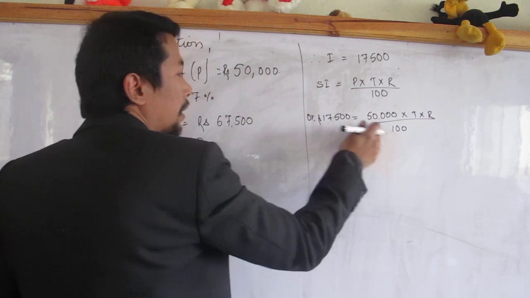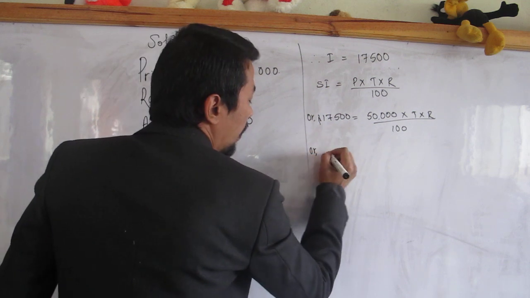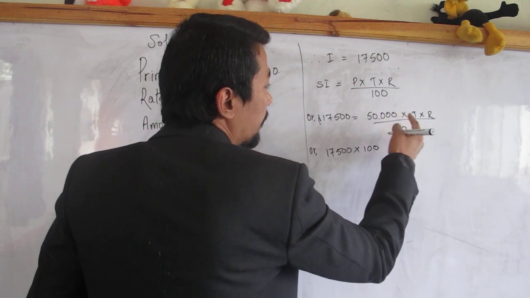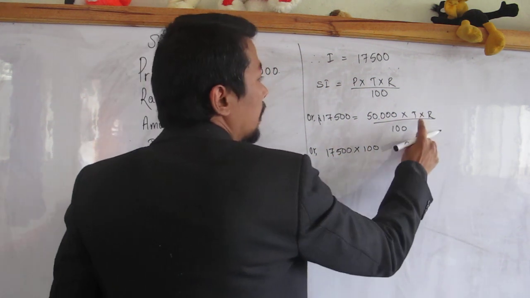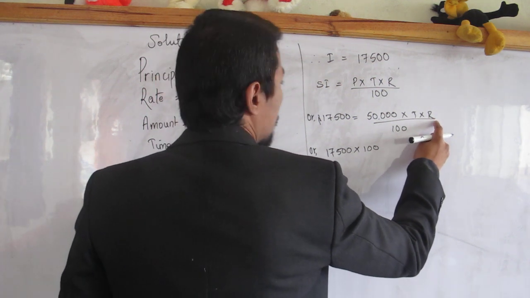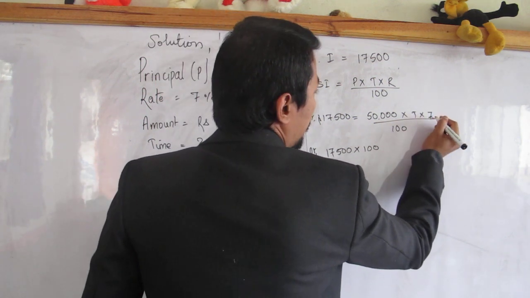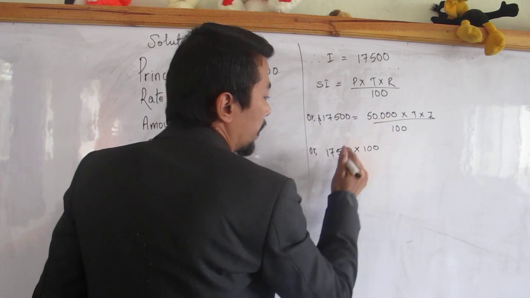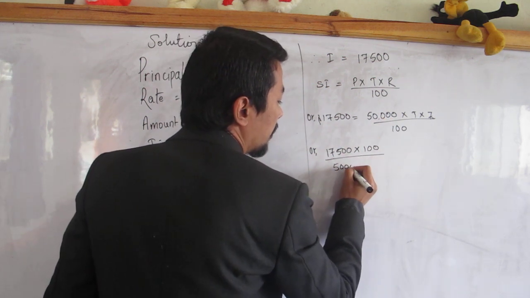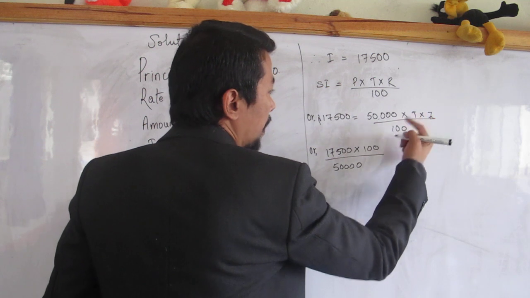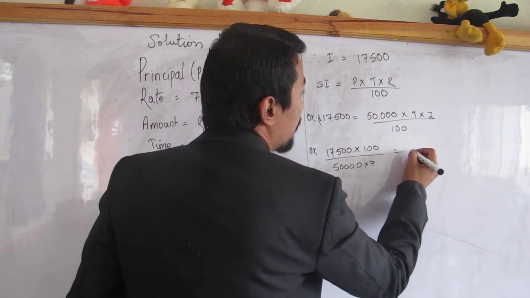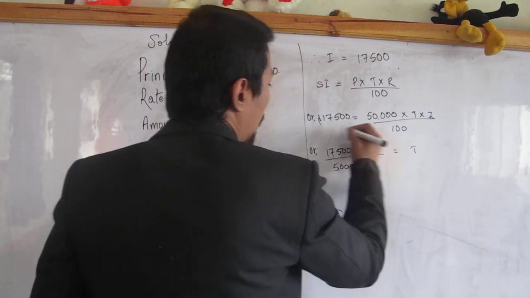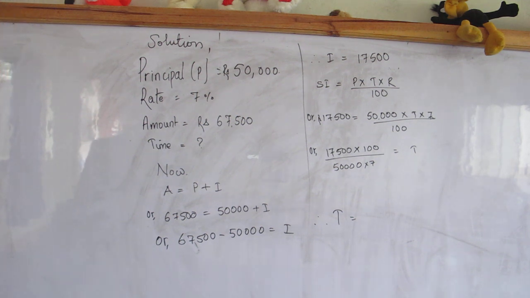Now this is dividing, when it comes to the other side, it will multiply: 17,500 times 100. This is multiplying, so when it comes this side, it will divide. R is 7%. So this will divide 50,000, and 7 will also divide because it is multiplying here, times 7 is equal to T. Therefore, T is equal to, you solve this, and then you are going to get the solution.